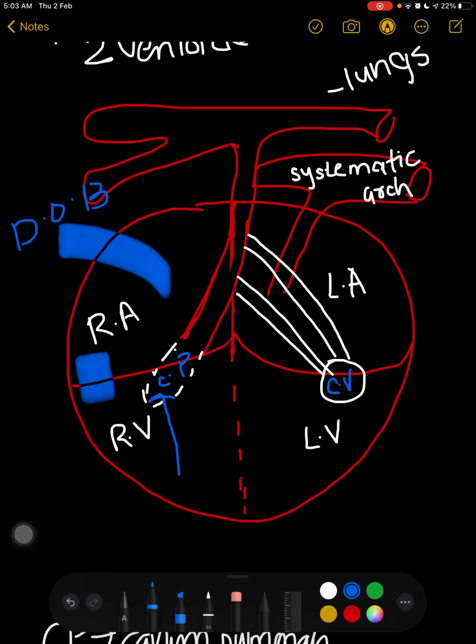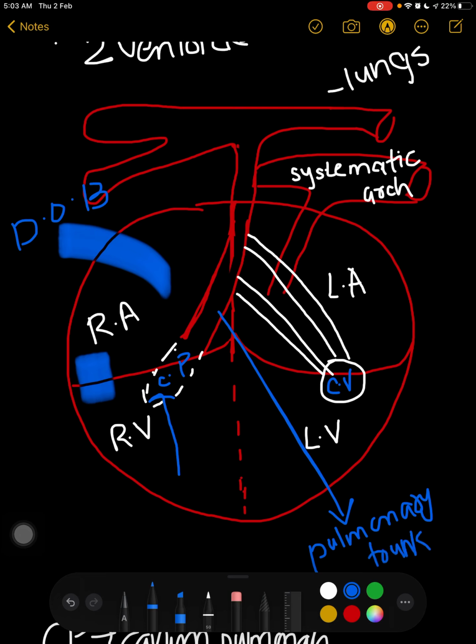As you know that deoxygenated blood is received by the right atrium, right atrium to right ventricle to cavum pulmonalis, and then to this, which is known as pulmonary trunk, right?